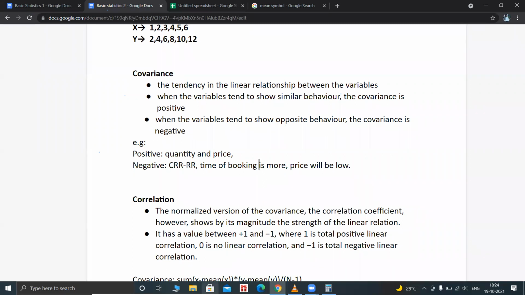Are you able to understand my question? Basically, the gap between the actual departure time and the current booking time is very low. So if I want to book a flight exactly for tomorrow, the price will obviously be high, right?